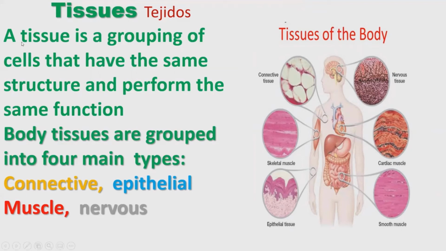As you know, a tissue is a grouping of cells that have the same structure and perform the same function. And very important, body tissues are grouped into four main types: connective, epithelial, muscle, and nervous.